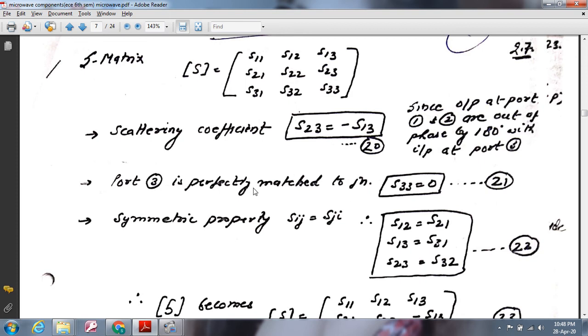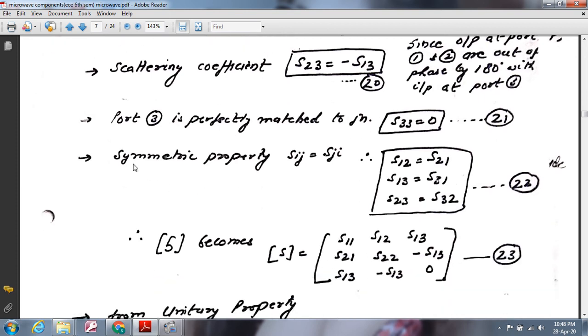Now applying another property, that is the symmetrical property of the S matrix, which states that Sij will be equal to Sji. From this property we get S12 equals S21, S13 equals S31, and S23 equals S32. This is equation number 22.